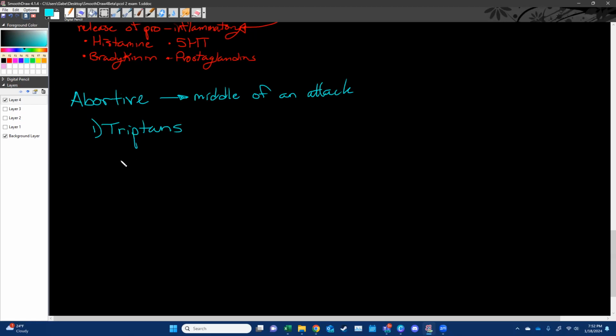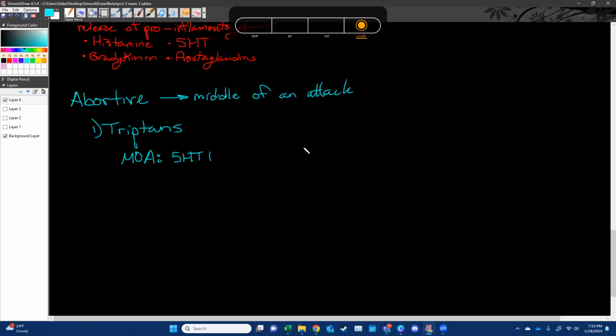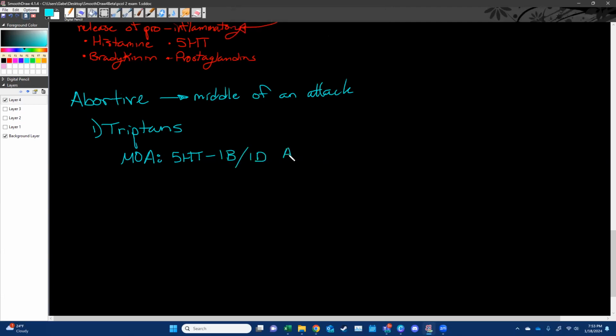But when we look at them, primarily the mechanism of action is they are serotonin 1B and 1D agonists. And let me put these in capitals. 1B, 1D agonist.